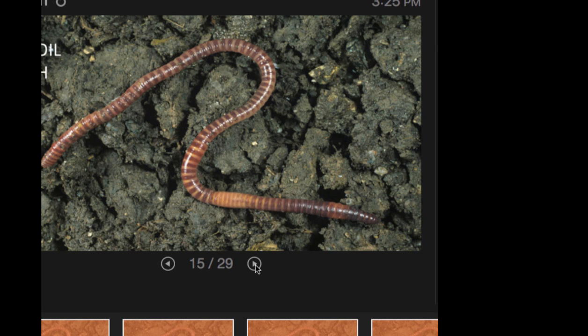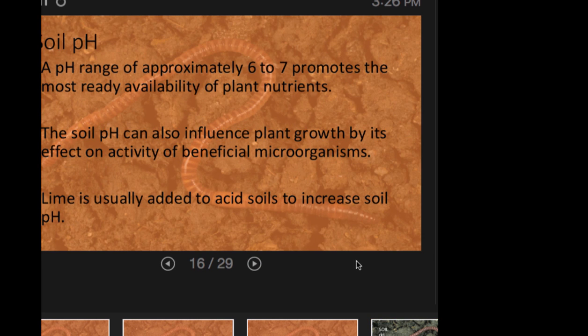And the next thing we need is soil pH. I'm sorry my slide's not showing the whole way, but soil pH is really important for soil, and most plants will only grow in a range of about 6 to 7 pH. So here we go.